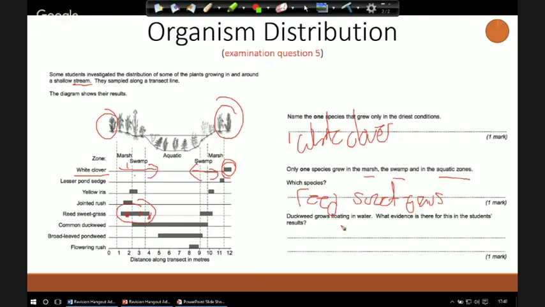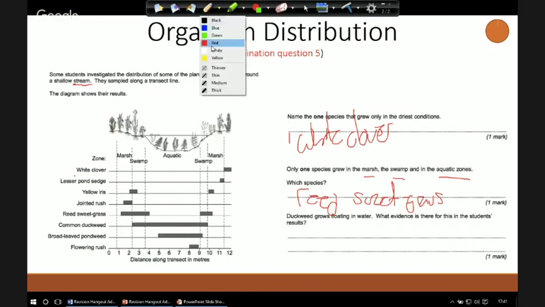Finally, duckweed grows floating in water. What evidence is there for this in the students' results? Well, if we look at the duckweed on the diagram, we find that the duckweed is in the swamp, it's in the aquatic zone, and it's in the swamp.